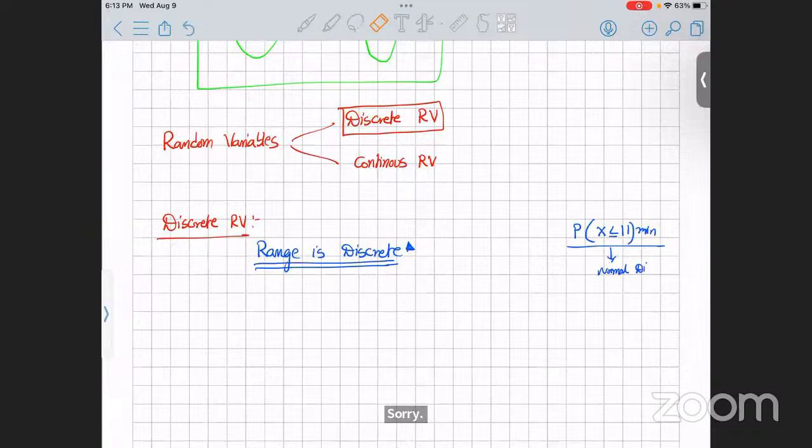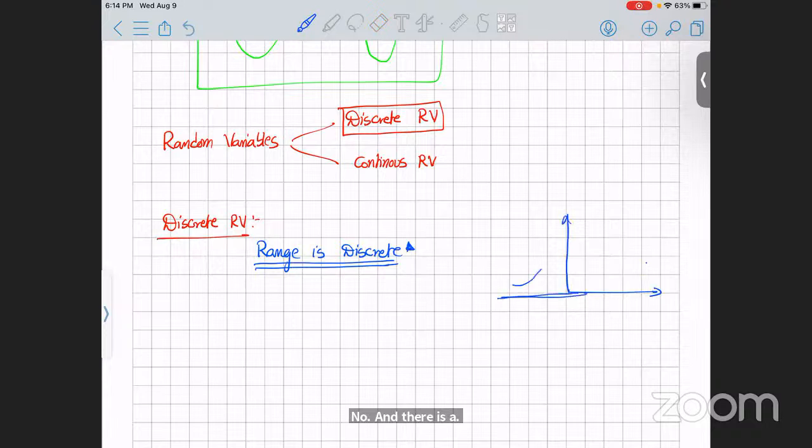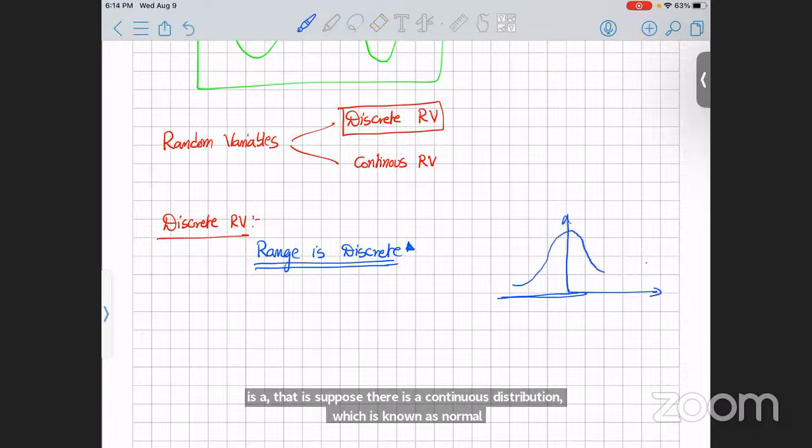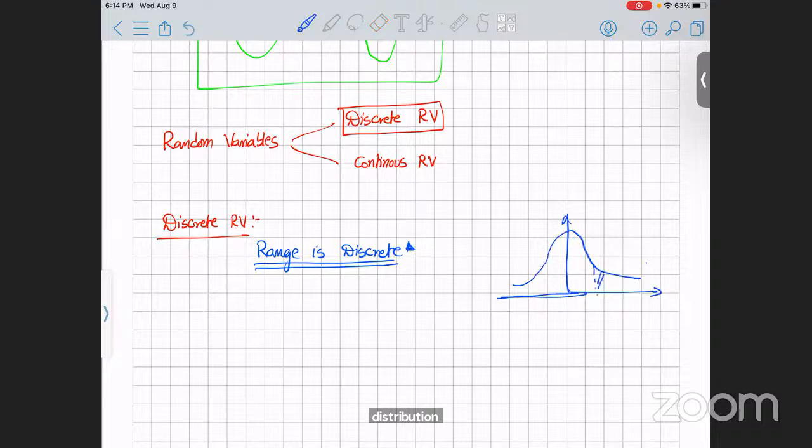Look, less than 11 minutes means it will be a continuous random variable. Let us suppose there is a continuous distribution known as the normal distribution. Here everything you play with is areas.